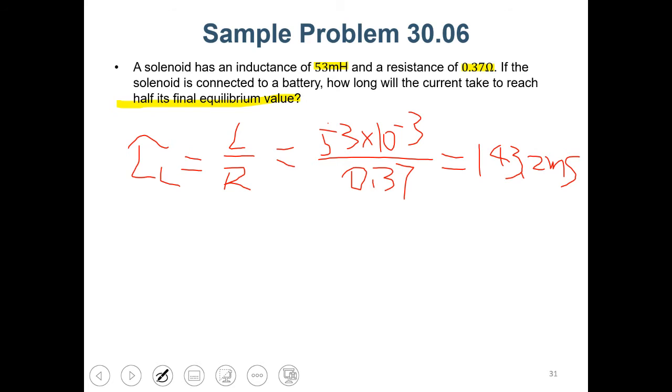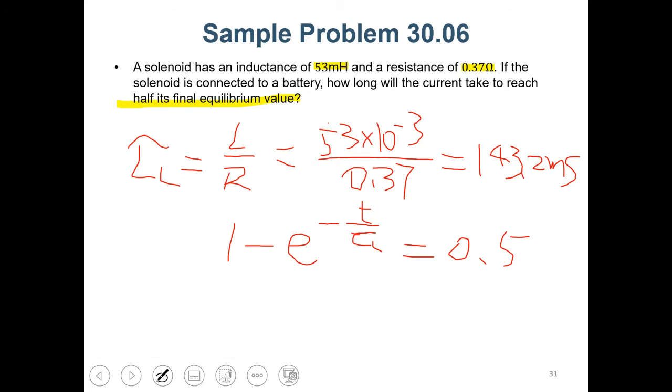And suppose the current should be somehow like E over R times 1 minus exponential minus t over tau L. So there should be a term like this.